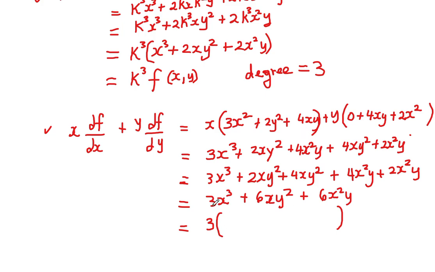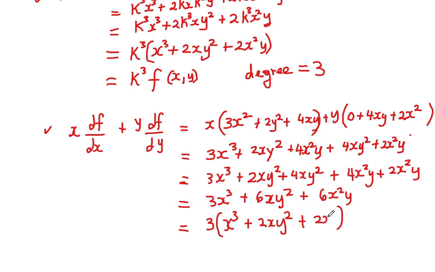When I factor out 3 out of 3x cubed, 3 divides into 3x cubed x cubed times. I can also factor out 3 out of 6xy squared. 3 will go into 6 2 times, so that is going to give you 2xy squared. And 3 can go into 6x squared y 2 times as well.